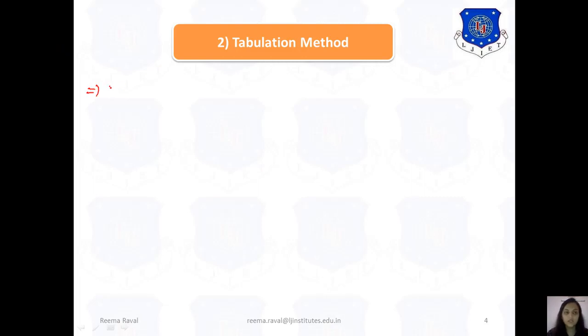For example, you are given to find the convolution of x of n and h of n, that is the input signal and impulse response of the signal, and you need to find the y of n for that, right?